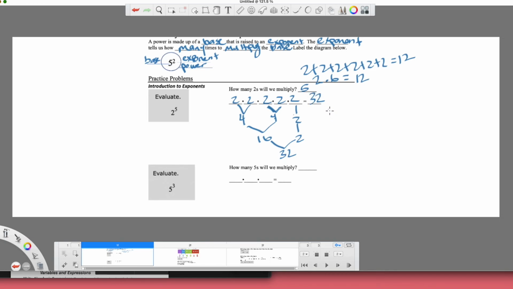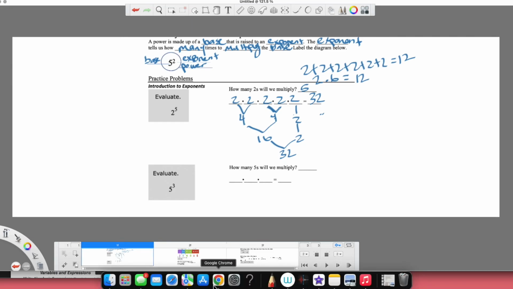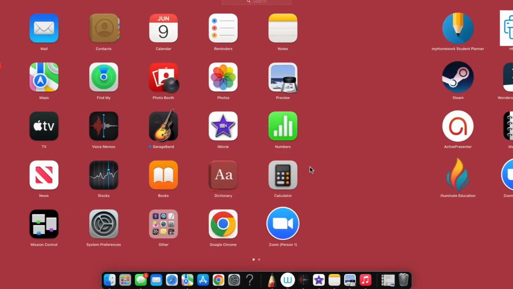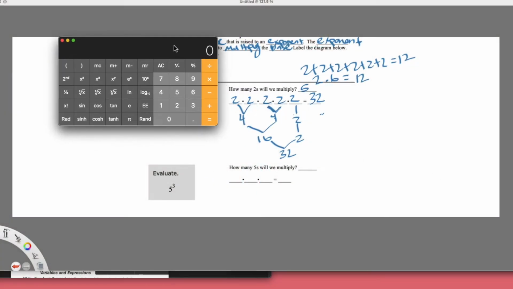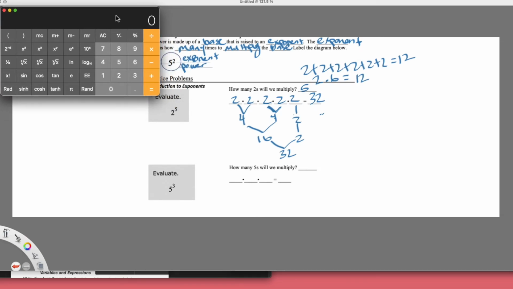There is a button on your calculator that you can use to do this. Oops, there's the calculator. All right. On your calculator, just so that you can see it, because sometimes Alex will let you do this, the Alex calculator looks a little different, but it's got some of the same basic buttons. It's just set up longer usually than wider. There are these basic exponent buttons, so I can square things or cube things very easily by just clicking this button.